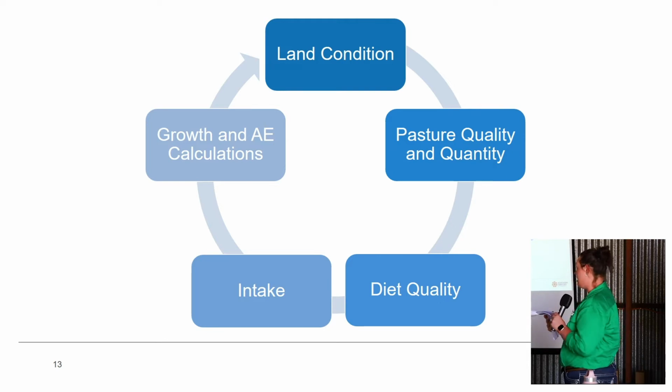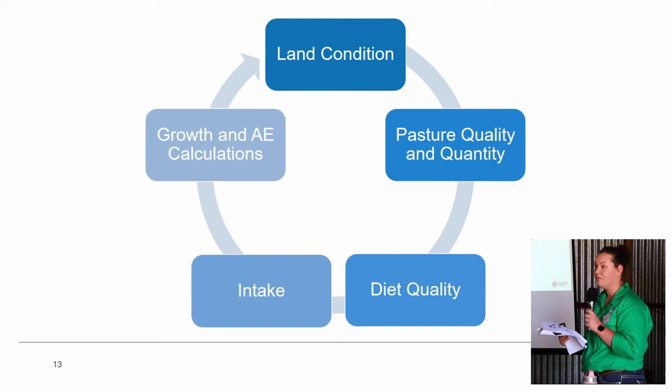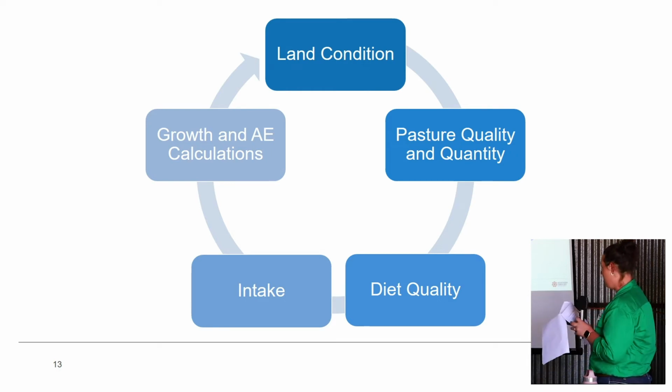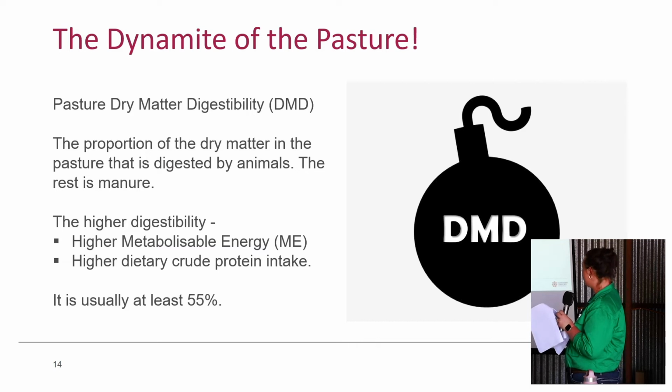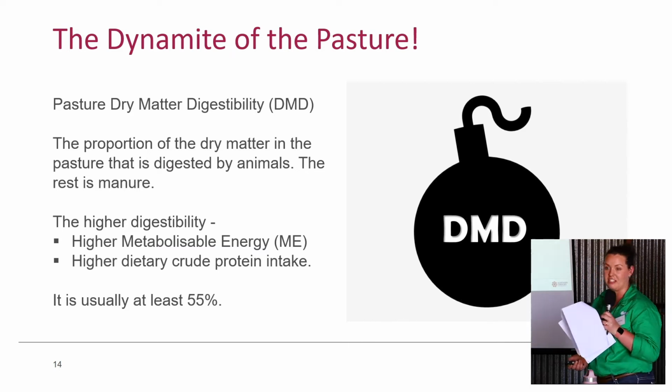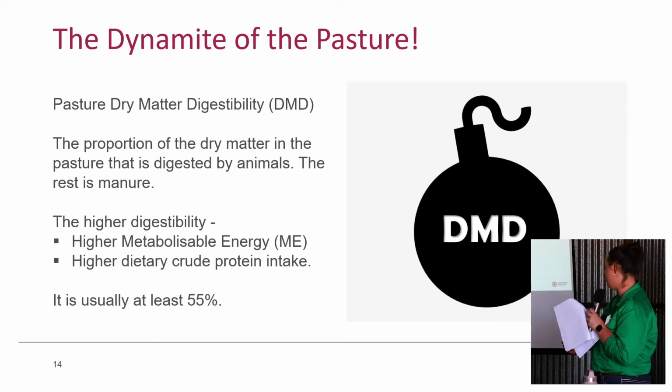Generally, as Kate pointed out today, as land condition declines, so do the most palatable species, leaving the unpalatable species dominating. So the dynamite of the pasture, what's going to give you more bang for your buck?